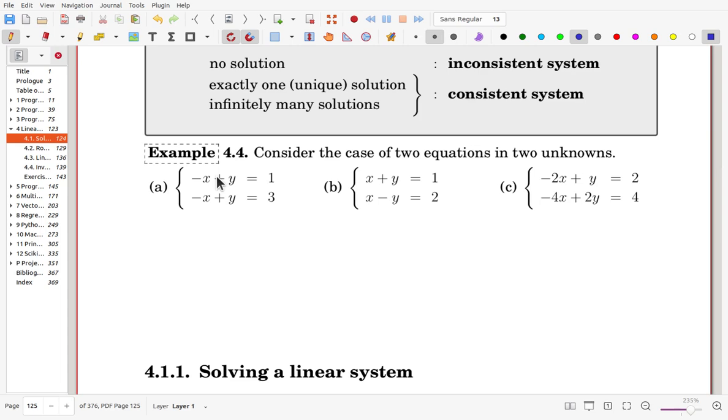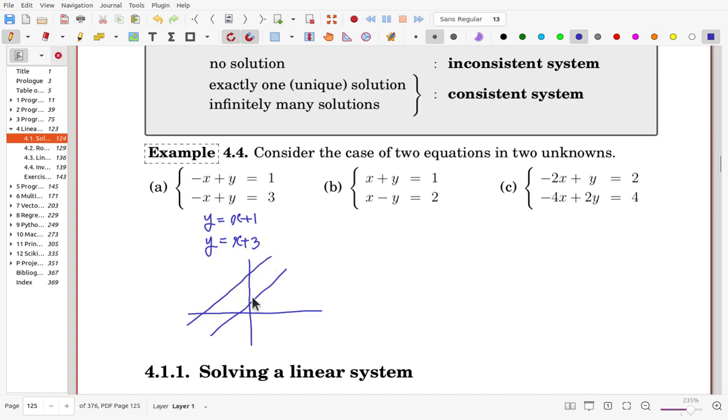For this system, we may write it in a more convenient form. By moving minus x to the other side, we have y equals x plus 1. The second equation will become y equals x plus 3. Now, if we draw graphs of each equation, one is this one, and the other one is that one.